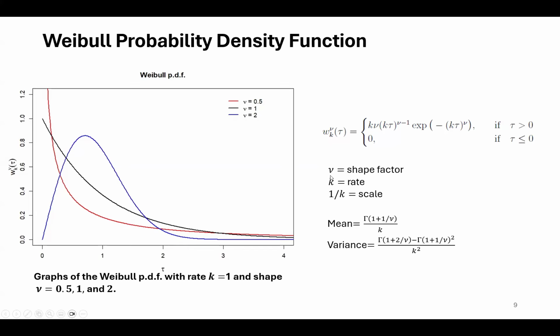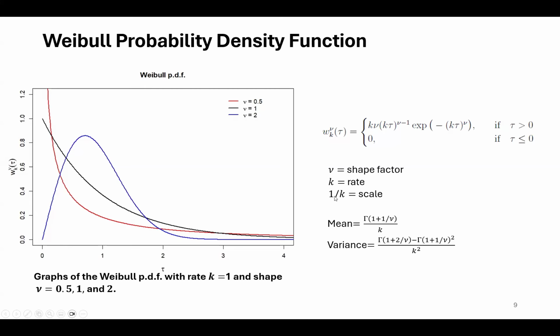I use the notation for my model equation that uses the rate, but actually the most common in statistical software and statistical literature is the notation that uses the scale parameter rather than the rate parameter. So when you apply those functions, please pay attention to what type of parameterization they are using, because you can have a difference between the rate parameter and the scale parameter.